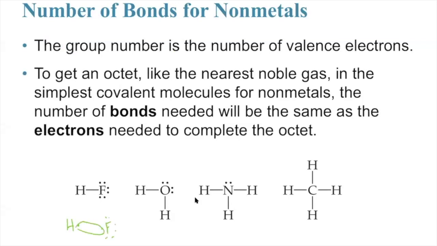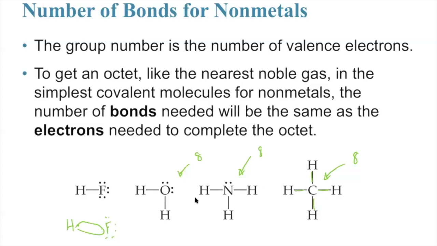Now fluorine has 8 and hydrogen has 2, so fluorine gets the octet rule, nearest to the noble gas, and hydrogen shares that electron in order to complete its shell. Oxygen has 8 electrons here, nitrogen has 8 electrons, and carbon has 8. Each bond represents 2 electrons.